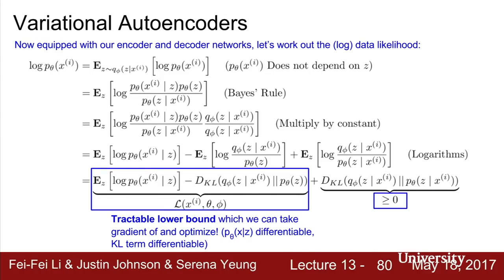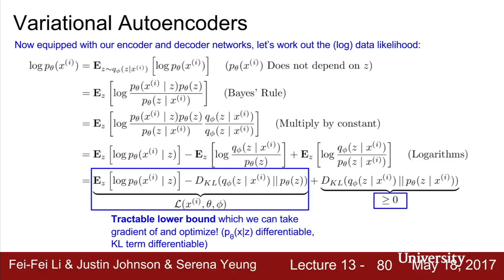And so the 2 terms that we can work nicely with form a tractable lower bound, which we can actually take the gradient of and optimize. P of x given z is differentiable, and the closed form solution for the KL terms is also differentiable. And this is a lower bound because we know that the KL term on the right, the ugly one, is greater than or equal to 0. So we have a lower bound.